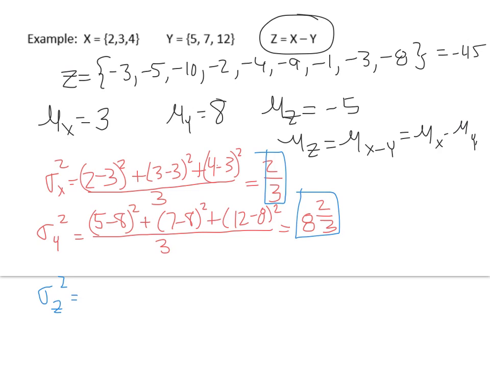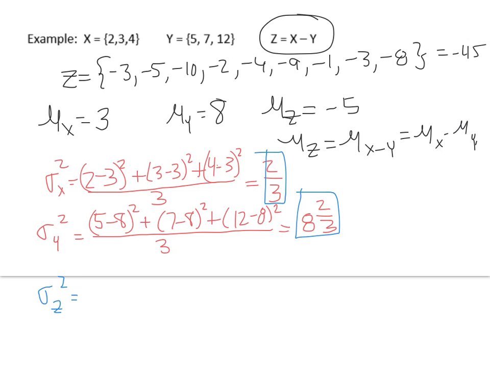And I want to figure out a way to generate the variance of z, this new set x minus y. So if you were to just hypothesize right now, logic would tell you, okay, the variance of x is 2/3, the variance of y is 8 2/3.